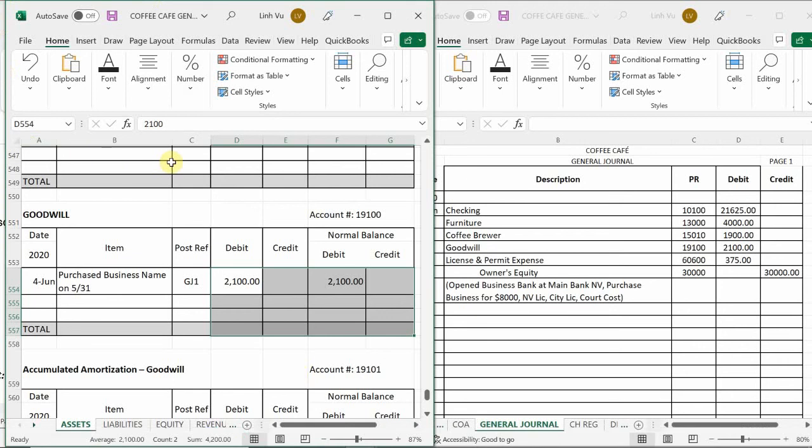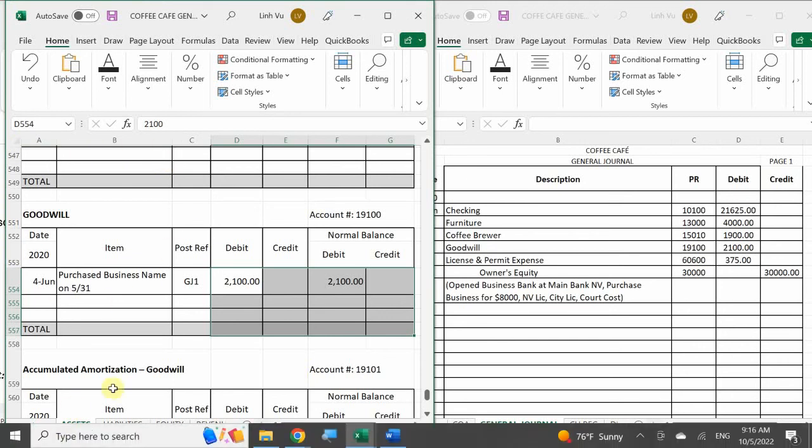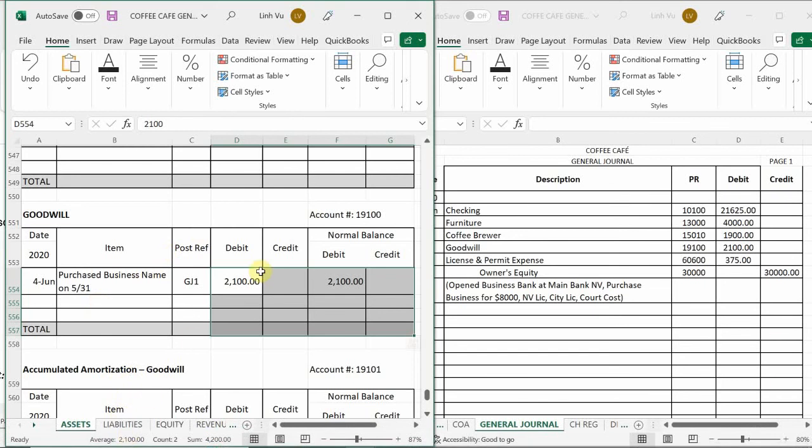Let's see what's next. Next is license and permit expense. So in this case, rule of thumb here. Equity is obviously going to come before my expenses, right? Because it's supposed to be assets, liabilities, equity, revenues, and then my expenses.